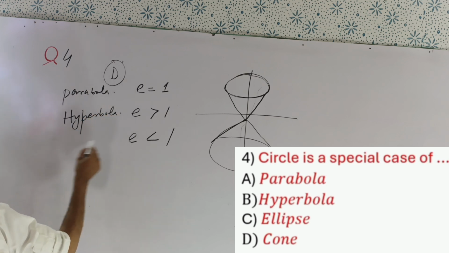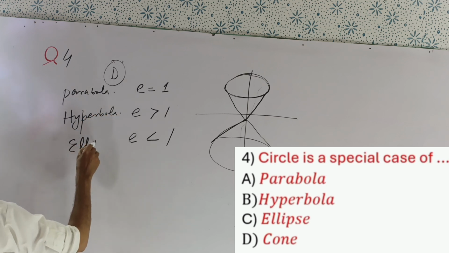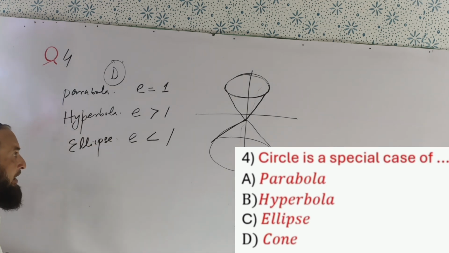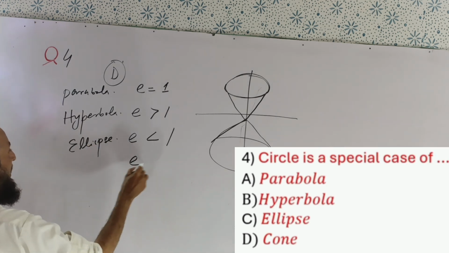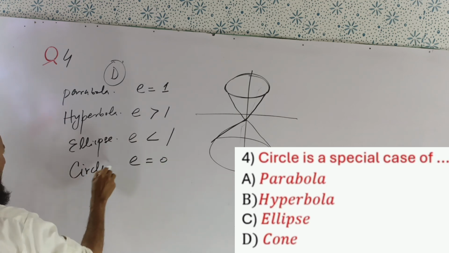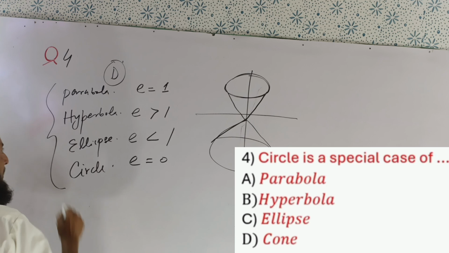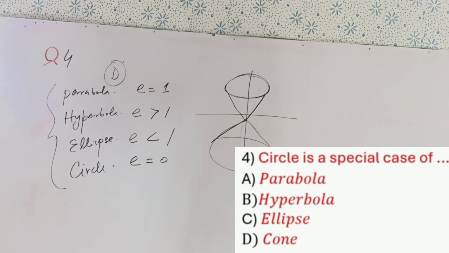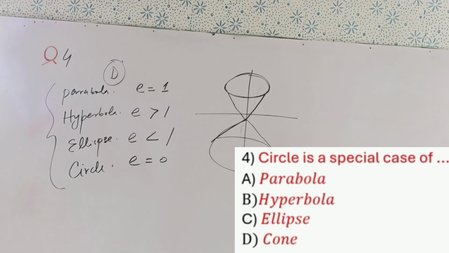If E is equal to 0, that is called a circle. So these points must be remembered. So circle is a special case of cone.